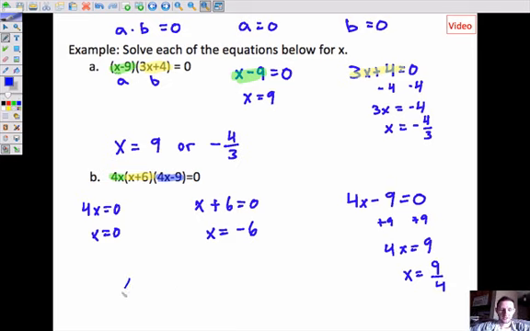So our answer: x equals 0, or x equals negative 6, or x equals 9/4.